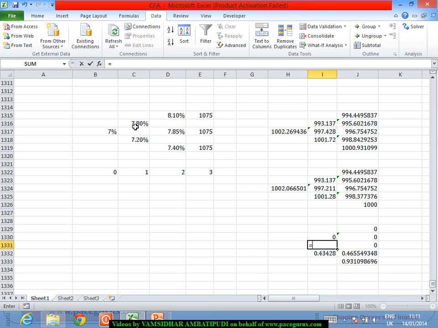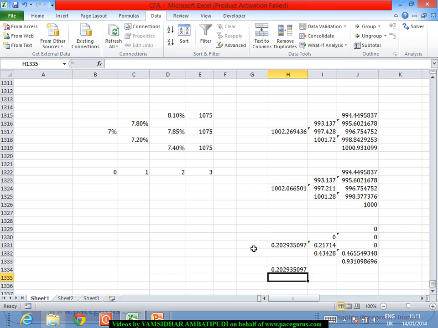Based on this, I have an expected value, 50% of this plus 50% of this, making it 0.21. Again I take it to the present value, divided by 1 plus this. So this 0.20 should match the difference between these two numbers. Let's see whether it is exactly matching. This minus this is exactly equivalent to this.